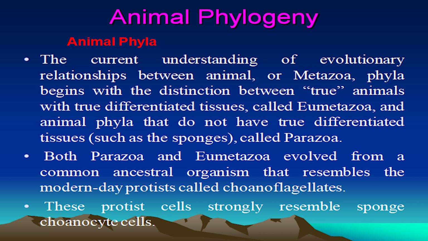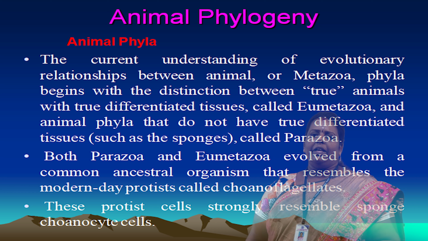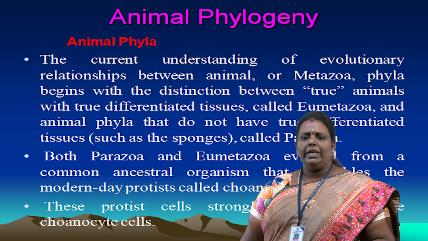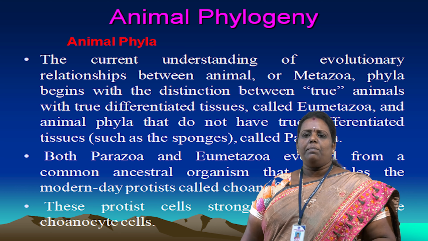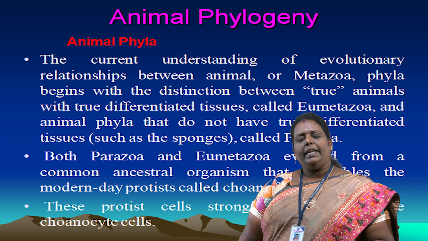Some animals have cilia, which are also locomotive organs. Flagella are also locomotive organs. So we differentiate the parazoa and eumetazoa, which resemble the modern-day protist called choanoflagellate. Normally these protist cells strongly resemble the sponge choanocyte cells.